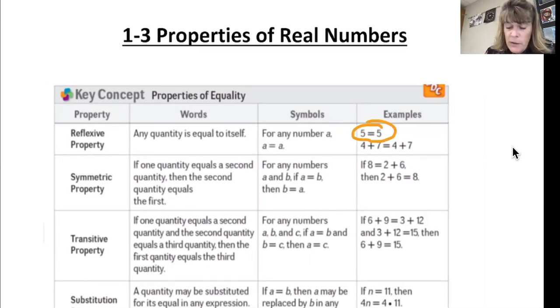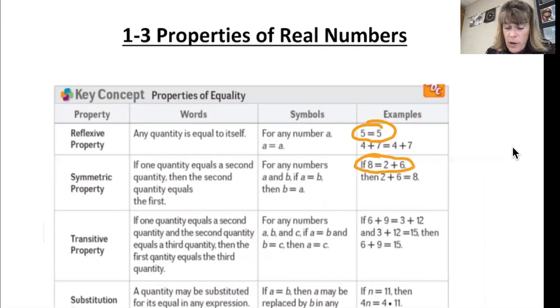Symmetric property: if 8 equals 2 plus 6, then that means 2 plus 6 equals 8. So it doesn't matter the order that they're written in. That's very similar to our commutative property, which is one of the more important properties that we're going to be talking about. So a bunch of these right now, like I said, I'm just going to throw them out at you, but we don't really have to do a whole lot with them.